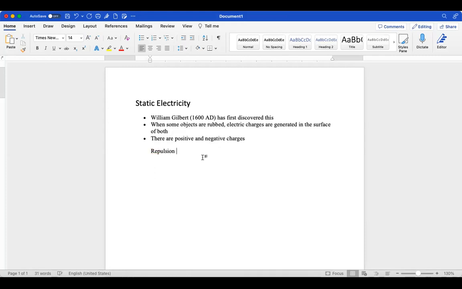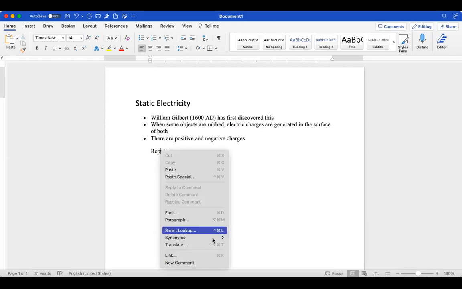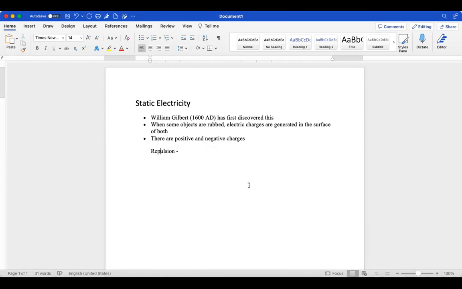Repulsion. The better word here, rather than saying dislike, is pulling away. Then what is the opposite word?